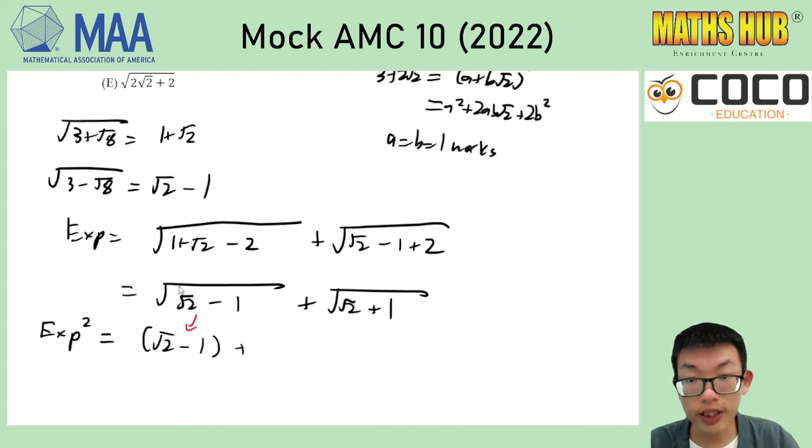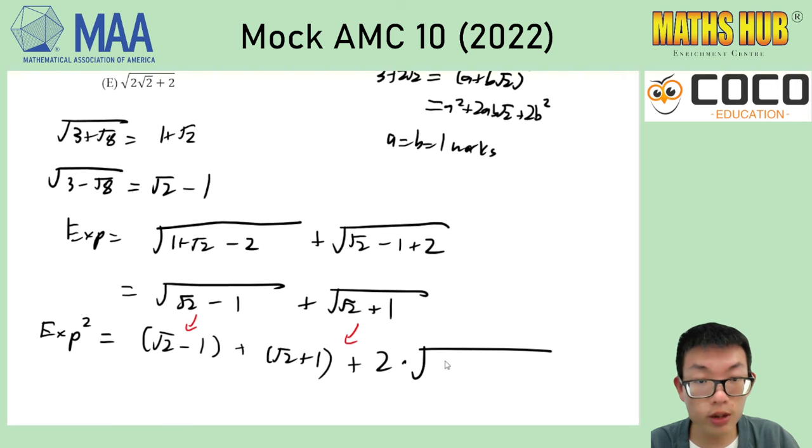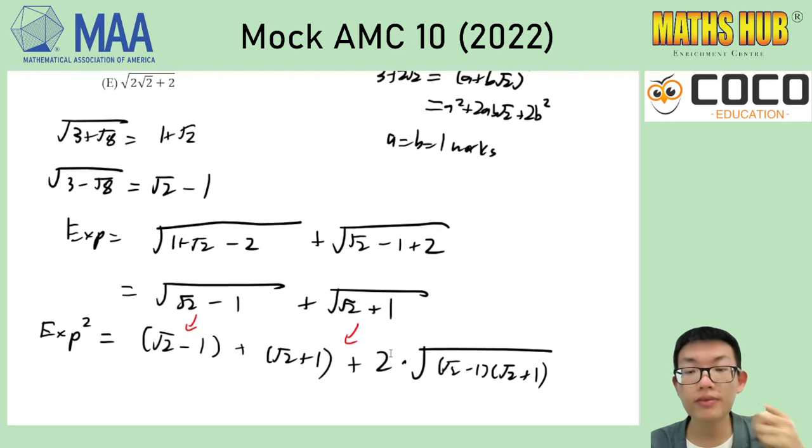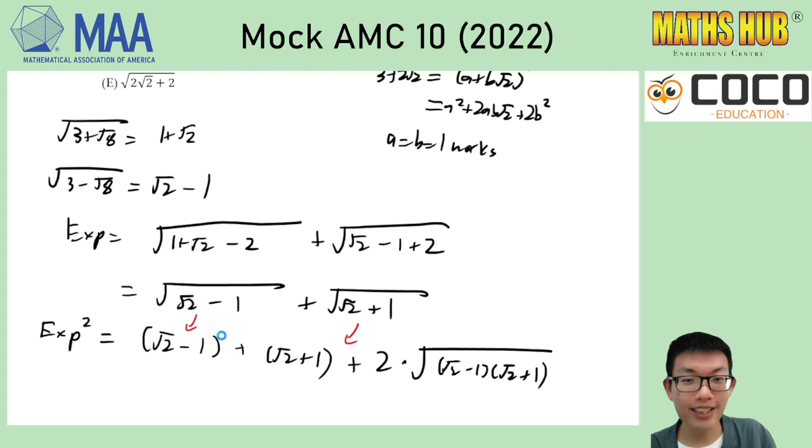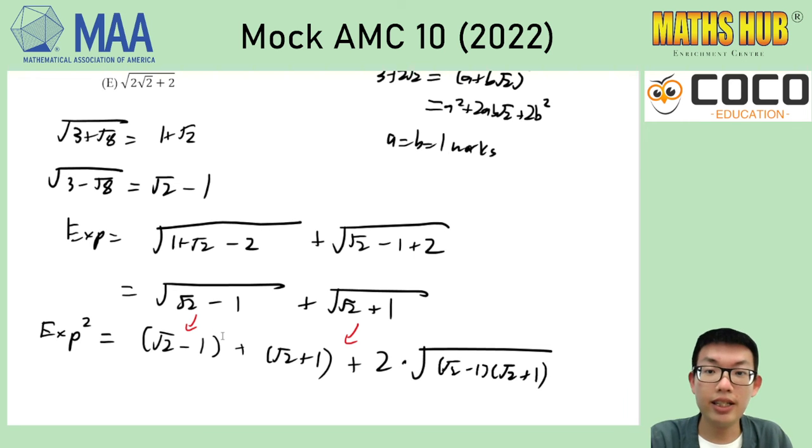The first term squared gives you this. The second term squared gives you this. And the cross term gives you 2 times the square root of this. Okay, now this is what I was trying to hint at earlier. We like conjugates because, well, these are not true conjugates, it is the negative of a conjugate. Never mind.